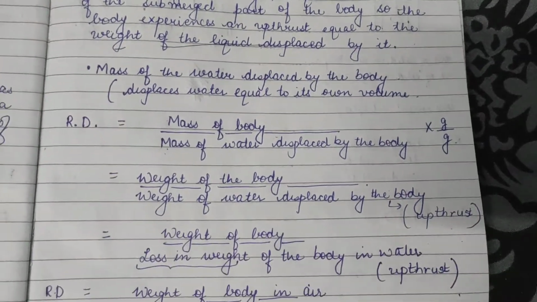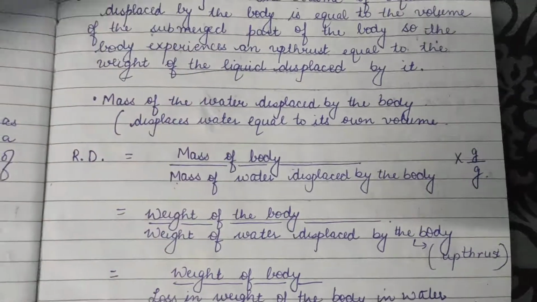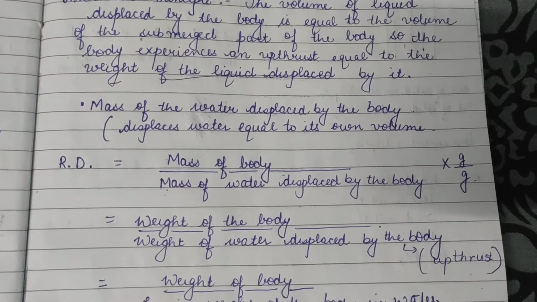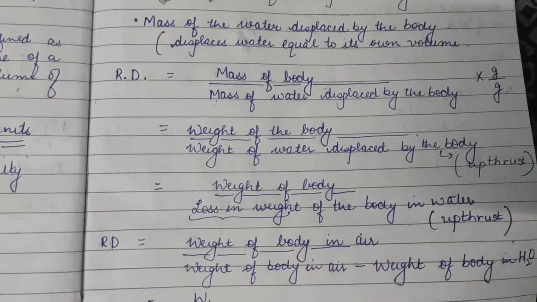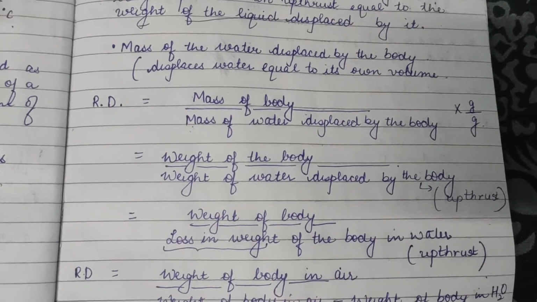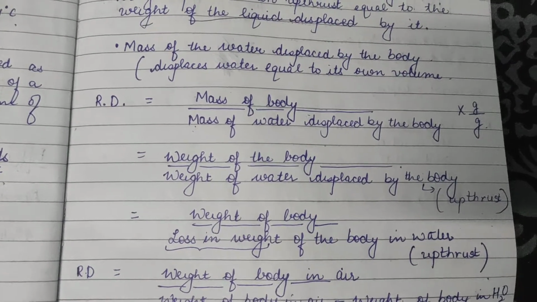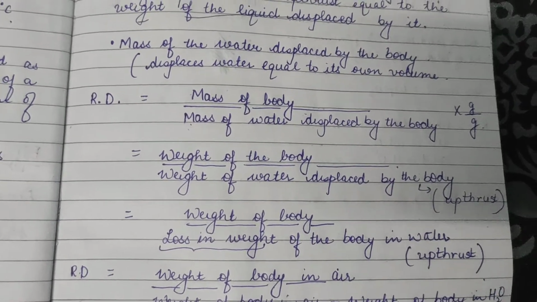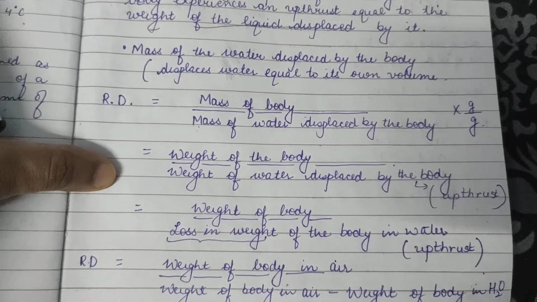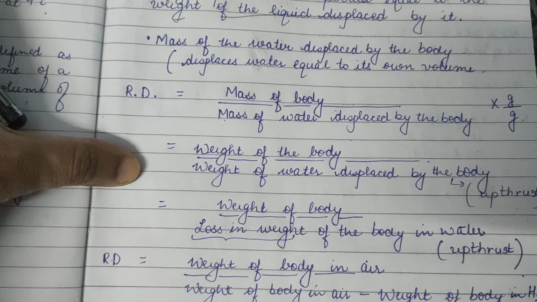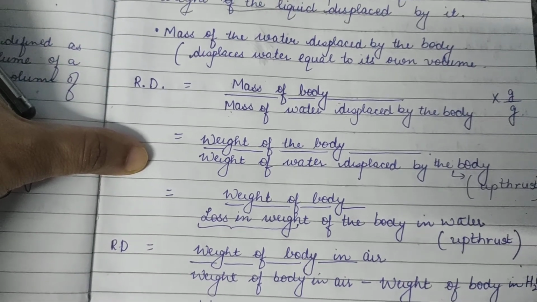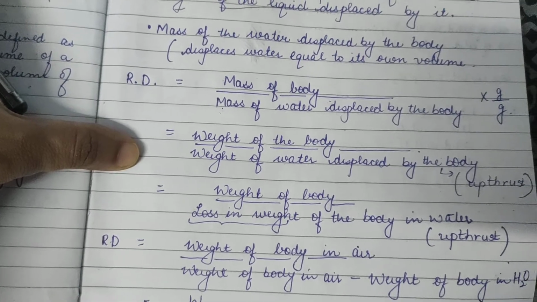Now how much water is actually displaced? How much loss in weight of the body do we have? That is the weight of the body in air minus the weight of the body in water. First, the formula we have taken directly from equal volumes. Then we have used the definition of Archimedes principle, that the body experiences an upthrust equal to the weight of the liquid displaced by it.